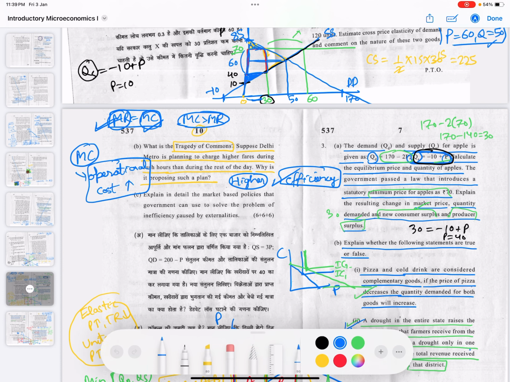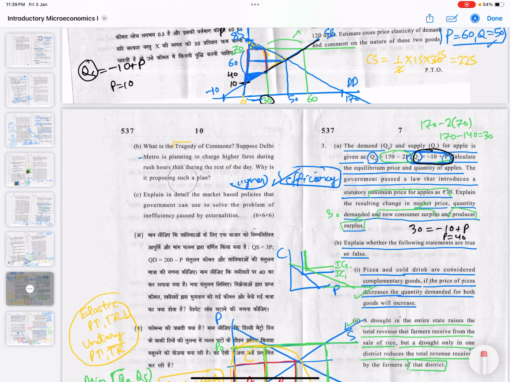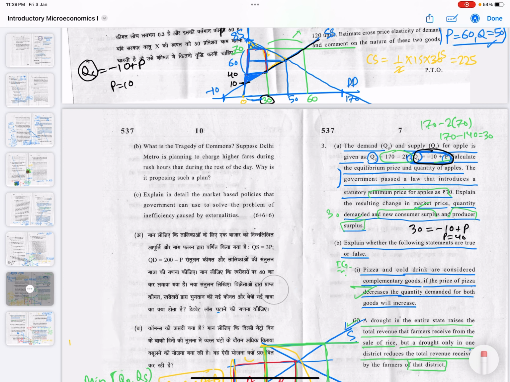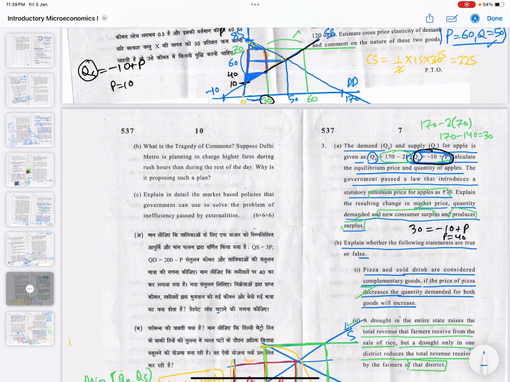Okay, now coming to the C part. Explain in detail the market-based policies that government can use to solve the problems of inefficiencies caused by externalities. First, you need to tell what externalities are. I hope you would know externality by now.